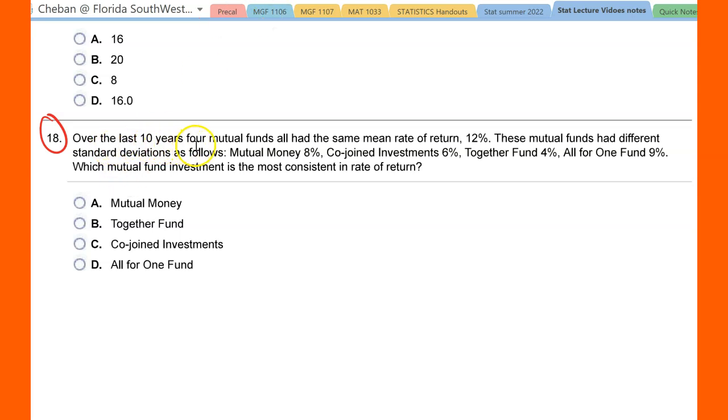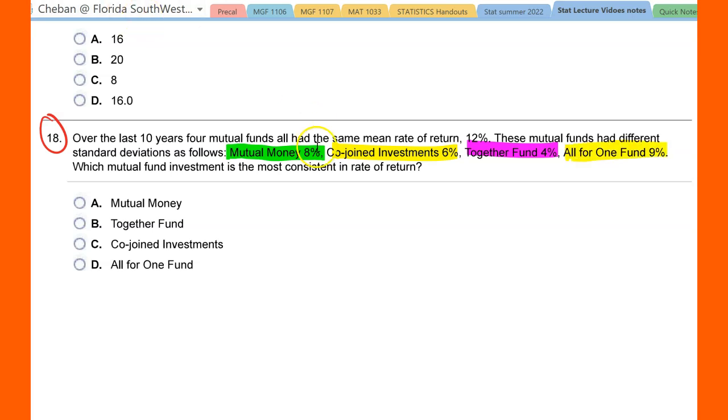Over 10 years, 4 mutual funds all had the same mean rate of return, 12%. There are 4 mutual funds: Mutual Money, Co-Joint Investment, Together Fund, and All for One Fund.